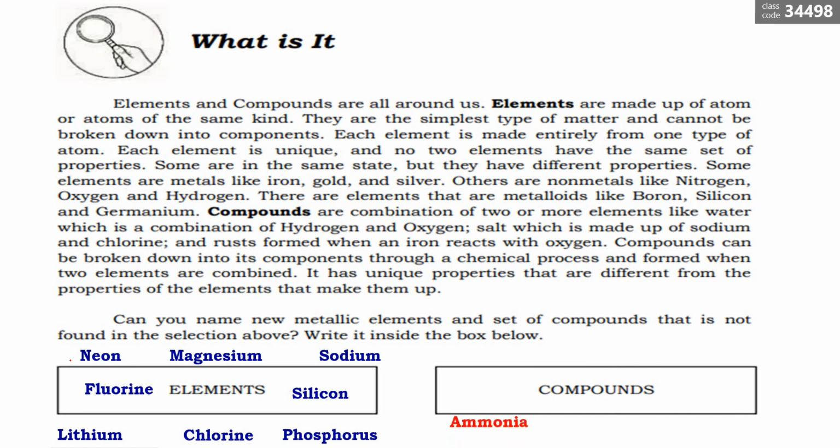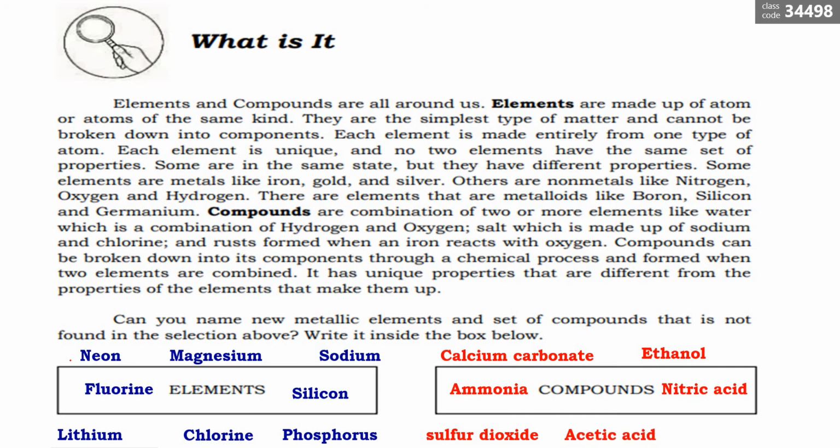How about compounds? We have ammonia. So you know ammonia. Nitric acid, calcium carbonate that is found in vitamin C, ethanol that is used in making alcohol, sulfur dioxide, acetic acid, and acetate.